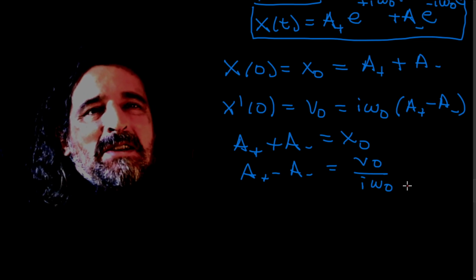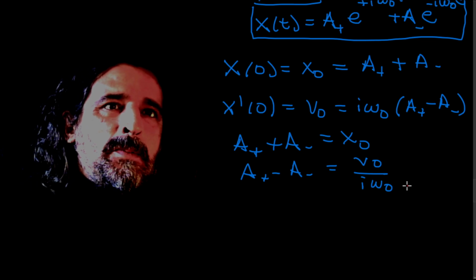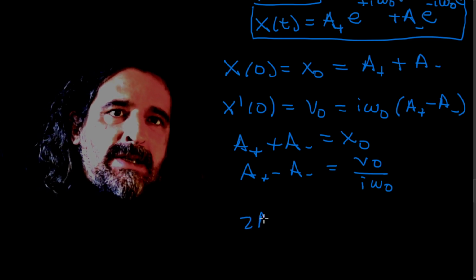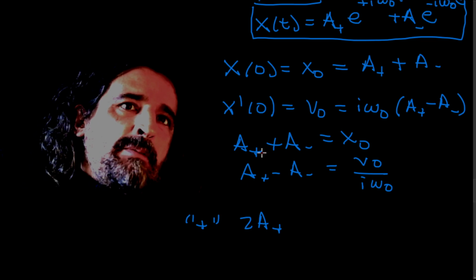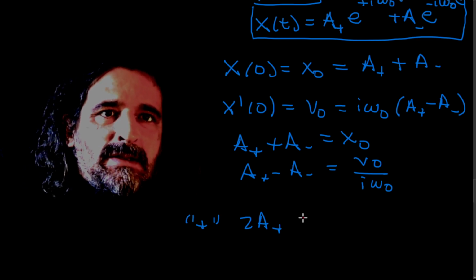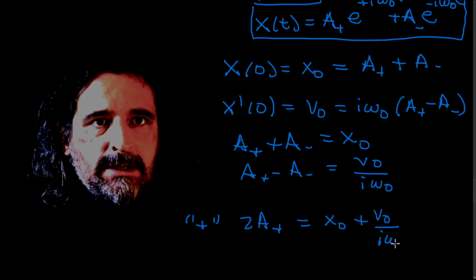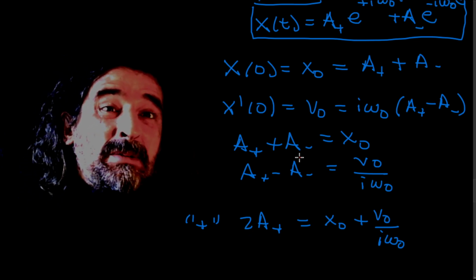So what are we gonna get in here? It's getting complicated. If we add them together, we get 2a plus, just by adding both equations together. The a minus goes away: x naught plus v naught over i omega naught. For a minus, you have to subtract them.